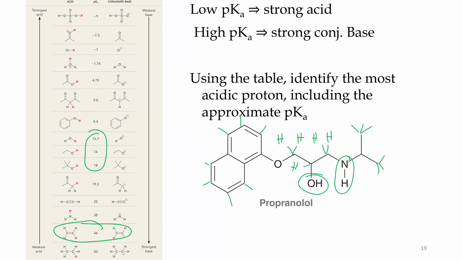Those are all going to be down in this range. They're all sp3 carbons. So really, it's the oxygen and the nitrogen that are closest. Nitrogens generally have a pKa in the high 30s. Alcohols have pKa's in the high teens. So what's the better acid? The alcohol.